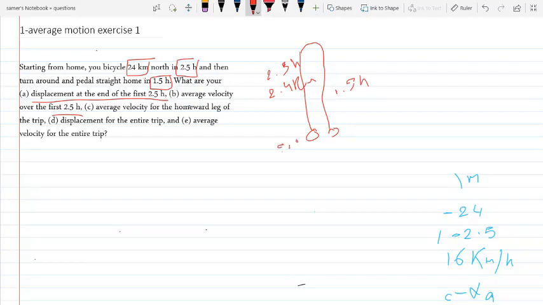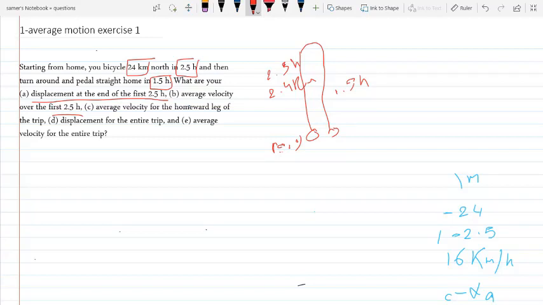So this is your home at 0, 0. Now this is a one-dimensional kinematics problem that involves calculating your displacement and average velocity as a function of time. We have two parts here: the first part is traveling north, and the second part is traveling south.